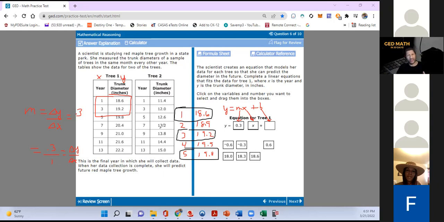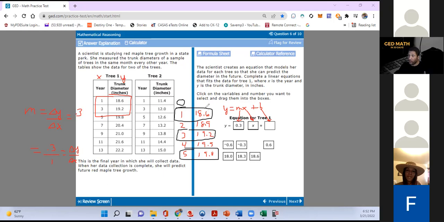Now, if my Y changes by 0.3 every time my X goes up 1, and I don't have 0, then if I go down 1, I'm subtracting 0.3.